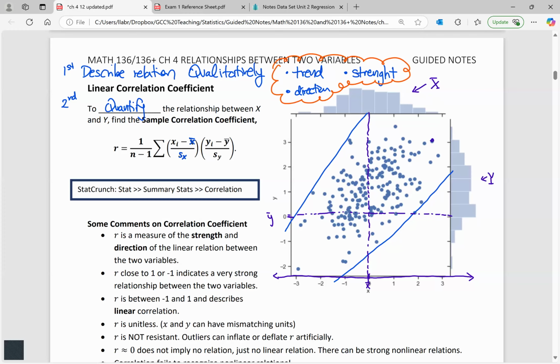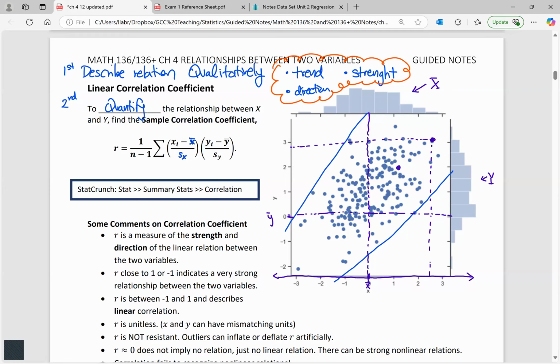Here we can see that this point has a z-score that's around 2.5. And notice that the z-score on the y is fairly high as well. It's pretty close to 3. What that means is that there's this positive trend that high z-scores in the x variable tend to be associated with high z-scores in the y variable.